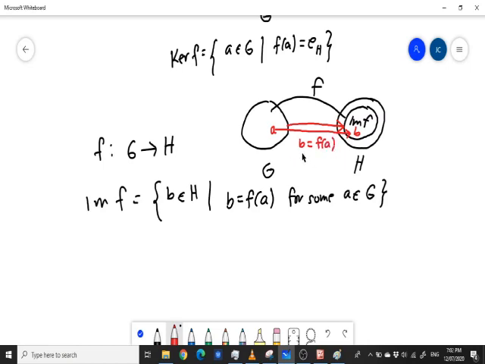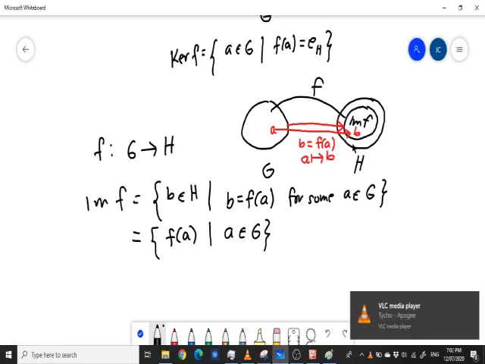Or another way of doing that is A is mapped to B. So, sometimes, para mas klaro, other people would write simply F of A such that A is an element of G. Ito, mas klaro. Yon, image of F.